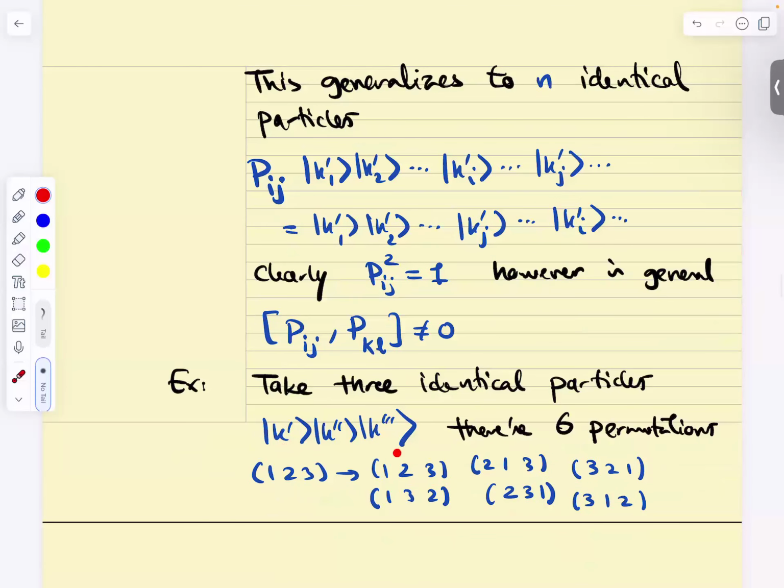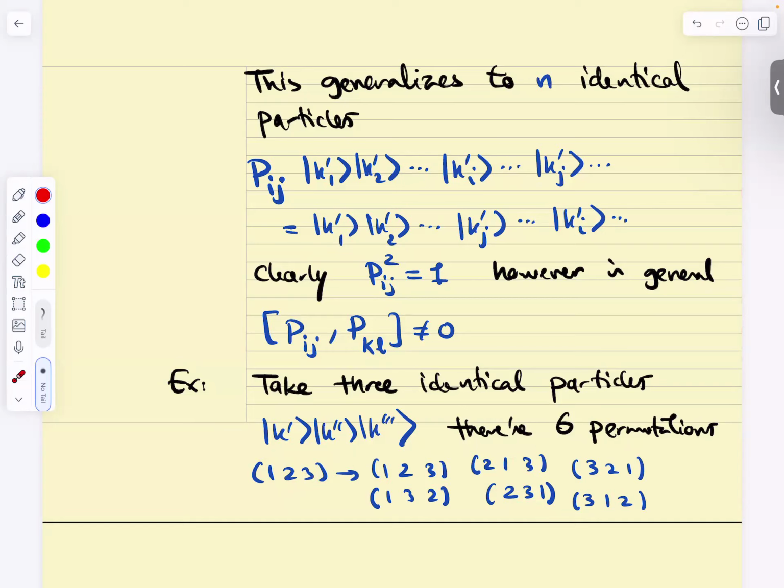When you take 3 particles, there are 6 permutations, 6 configurations. I've listed them all here. There are 2 types of such permutations. Going from this to any of these, you either get to them after an even number of swaps or an odd number of swaps.